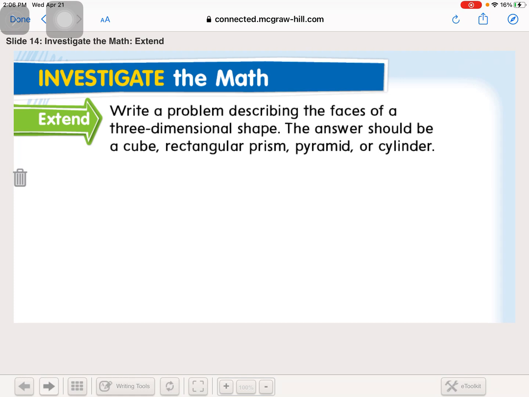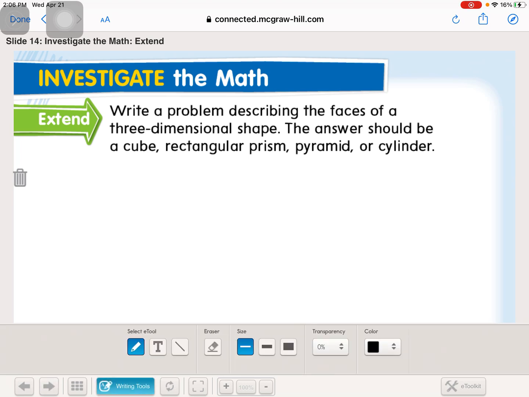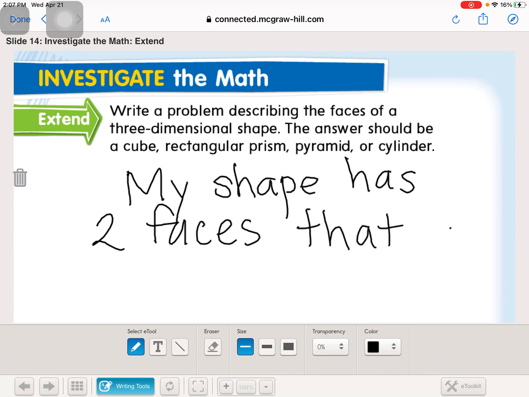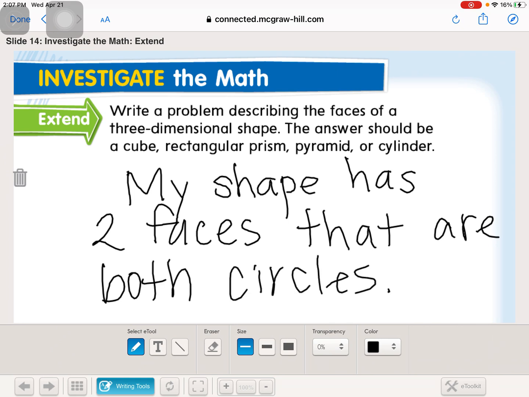So we're going to write a problem describing the faces of a three-dimensional shape, and the answer should be a cube, rectangular prism, pyramid, or cylinder. So I might write something like, my shape has two faces that are both circles.